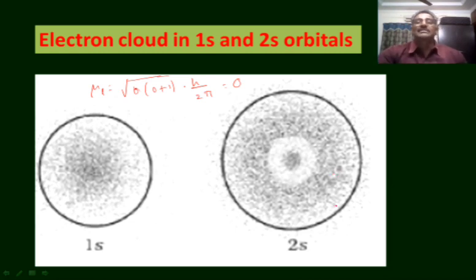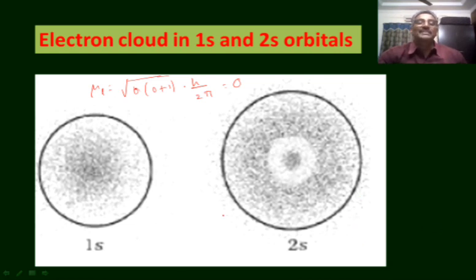That is, electron cloud density is symmetrical around the nucleus. That is, electron cloud density is the same at the same distance from the nucleus in all directions. So, the electron cloud density is spherical around the nucleus. So, the shape of s orbital is a sphere, or s orbital is spherical in shape.